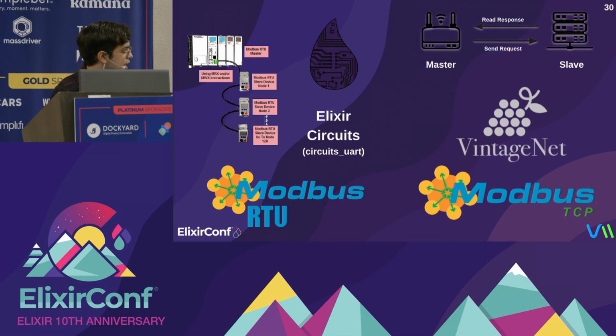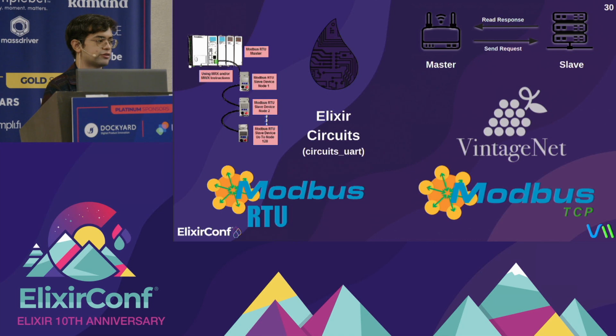We also have the gen_tcp library from OTP to handle the transport layer. We also have Elixir Circuits, which has a behavior called Framing that lets you handle the serial frame in a flexible way, to handle errors and that kind of thing.